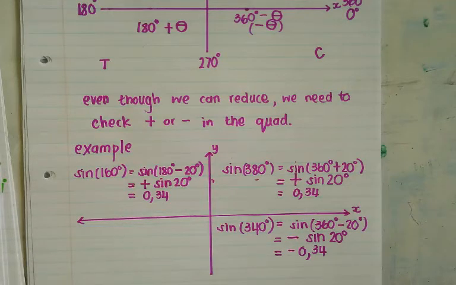Okay. My negatives would be the same distance away, but in the negative version.